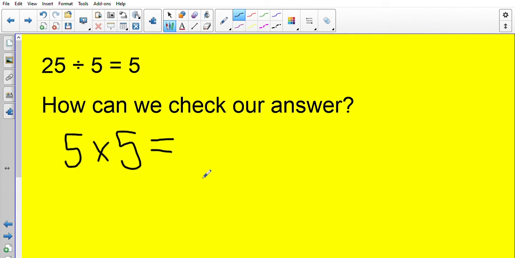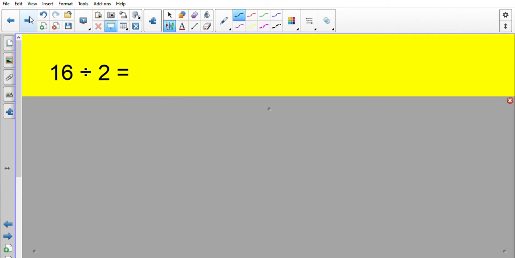To do 5 times 5, I'm going to count 5 times. Let's do it together. 5, 10, 15, 20, 25. It does equal 25. So we've used the opposite to check our answer. So this is the inverse of our division number sentence.